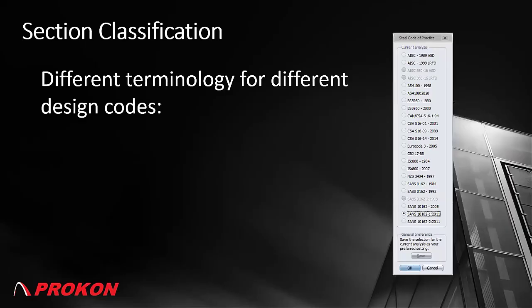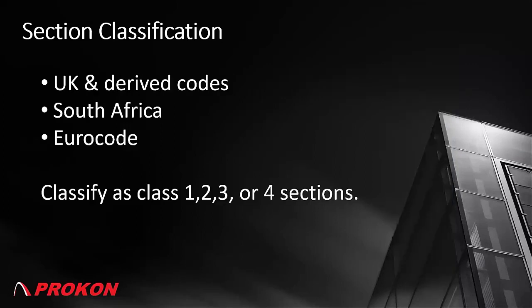The various design codes use section classifications to take the local buckling of sections into account. Although the terminology is a bit different in each code, the same phenomenon is addressed.